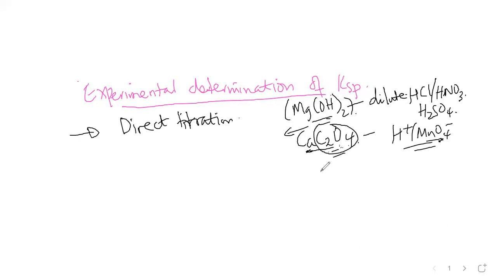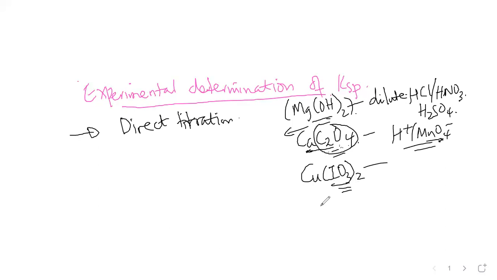The same method of direct titration can be used with salts like iodates, for example copper(II) iodate. If you want to determine its solubility product by direct titration, then you can analyze the concentration of iodate ions in solution.